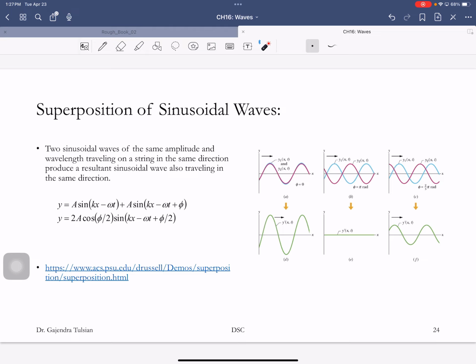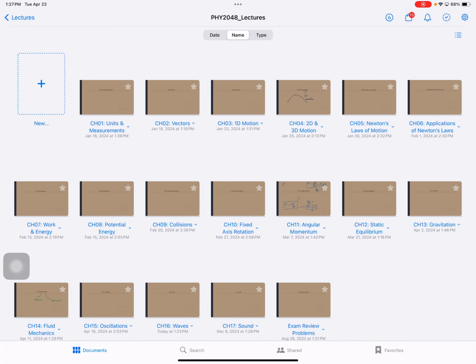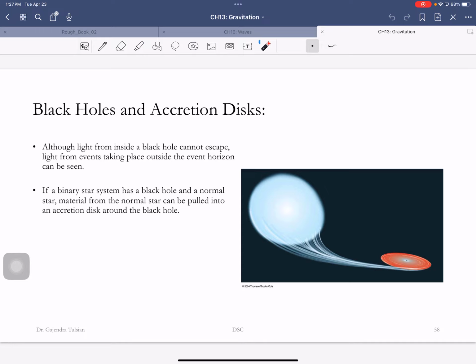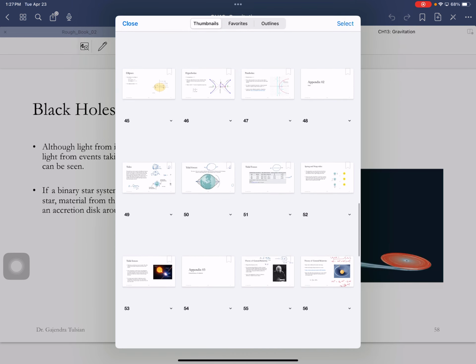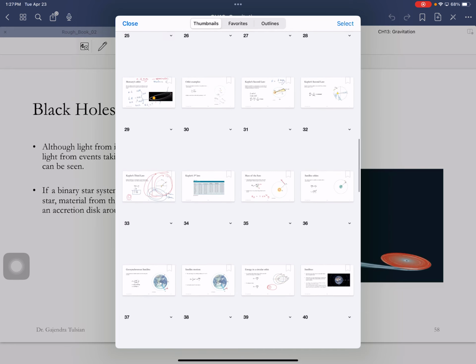All right, so I'm going to pull up an example that you saw. You use the phenomenon of interference when you want to measure very small distances.